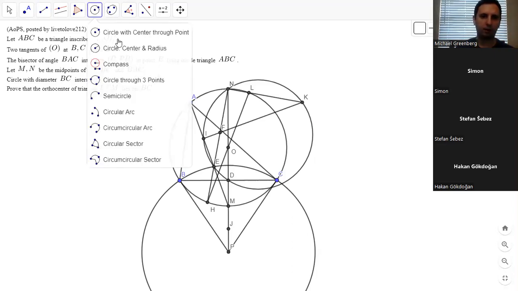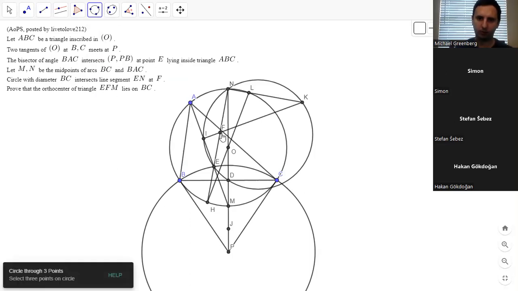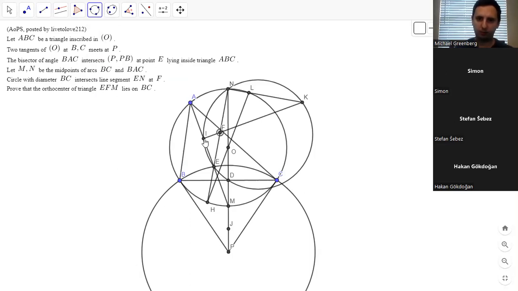Maybe we could use the radical axis theorem to show it exists. So we have the perpendicular, so we know that this is cyclic. And oh, we'd have to show IFBC is cyclic.